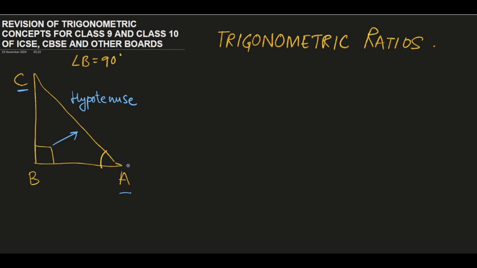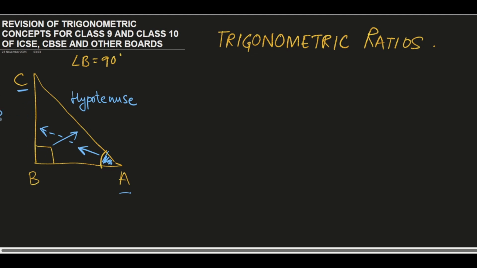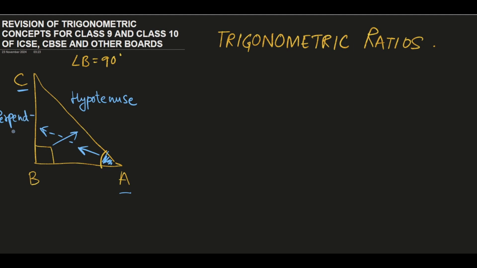So here I am taking angle A, and opposite to angle A is the side BC, right? This is the angle, and opposite to this is this side BC. So this side is always called perpendicular, or we can also represent it as height.